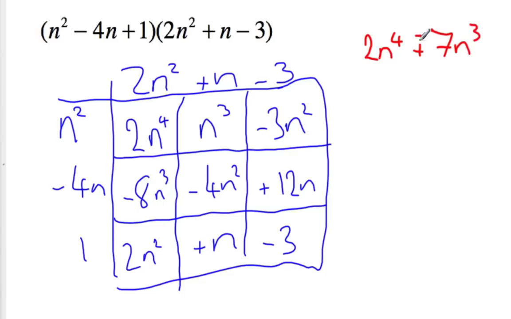Okay. And then we look for our n squares. There's 3n squares there with the red dot beside them. So negative 3 minus 4 is negative 7. Plus 2 more is negative 5n squared. Yep. And then the 12 and the 1n is a 13n minus 3.